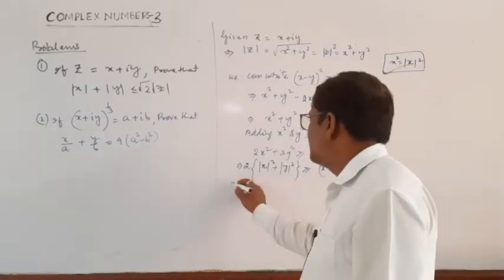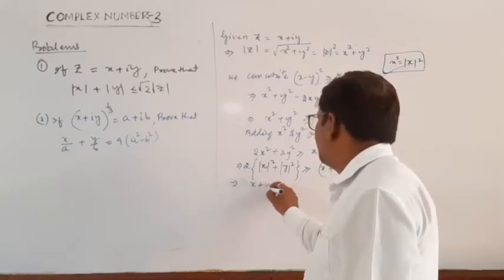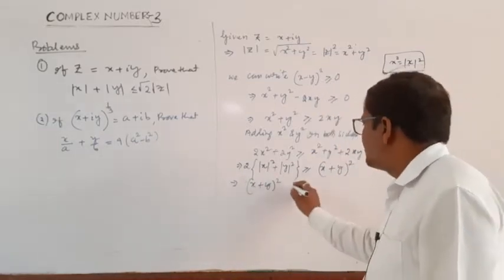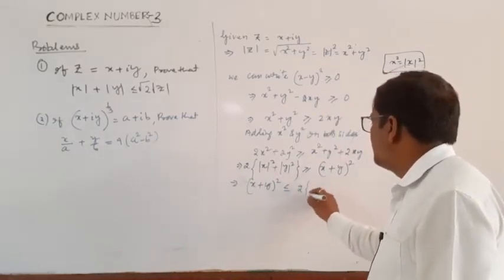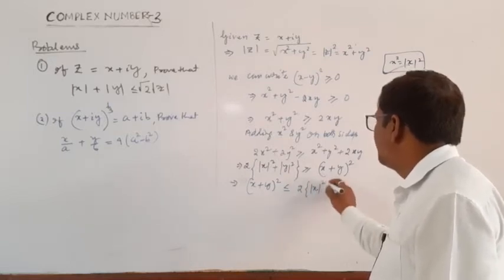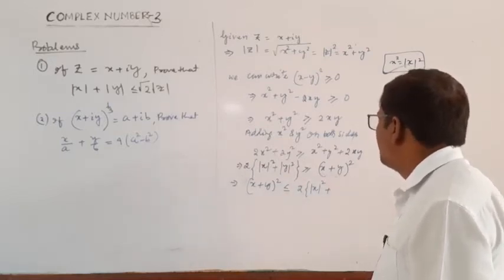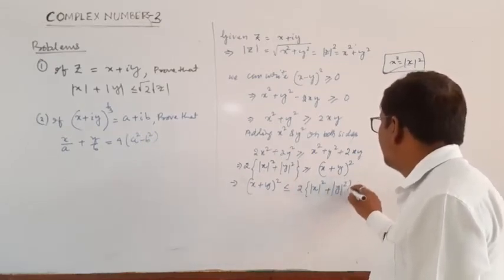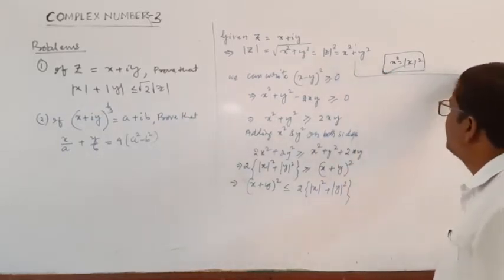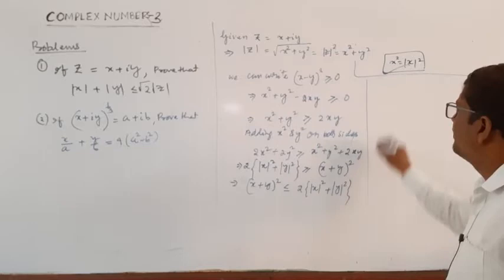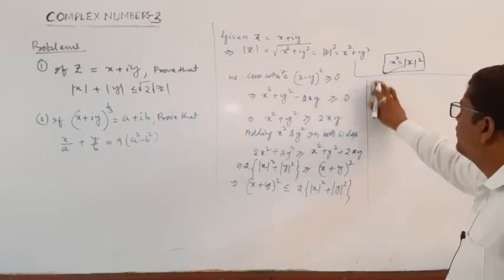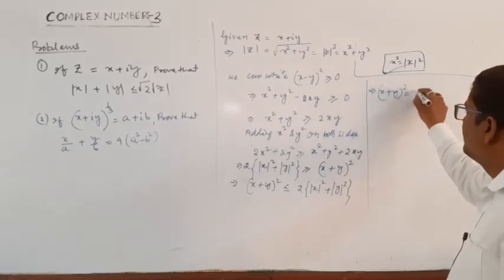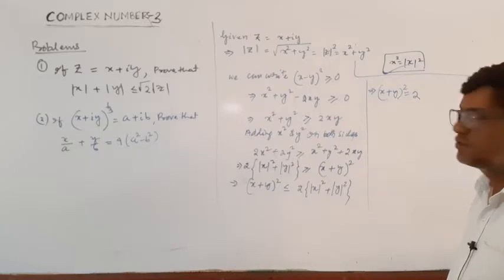Now reversing this, that is x plus y whole square less than or equal to 2 into mod of x square plus mod of y square. So now what happens here, that is x plus y whole square, this is 2 mod x square.